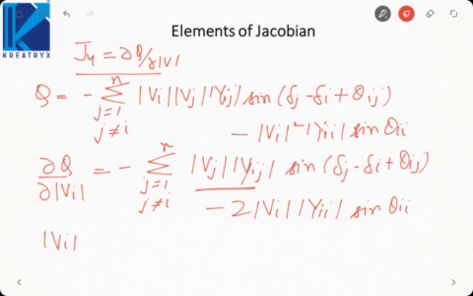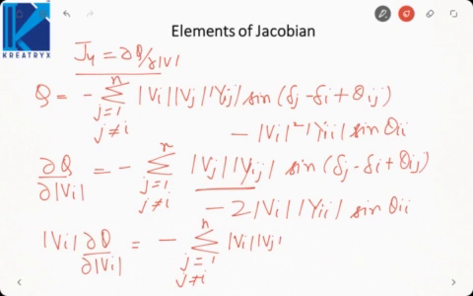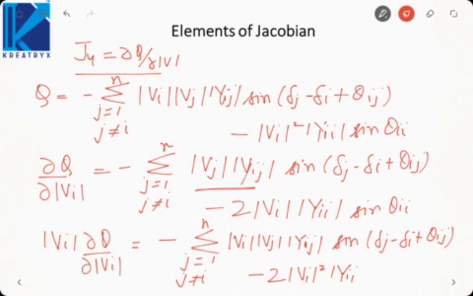So let me multiply both sides by |Vi|. It will become minus summation of |Vi||Vj||Yij| sin(δj − δi + θij) minus 2|Vi|² |Yii| sin(θii).